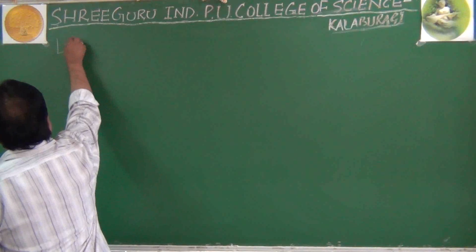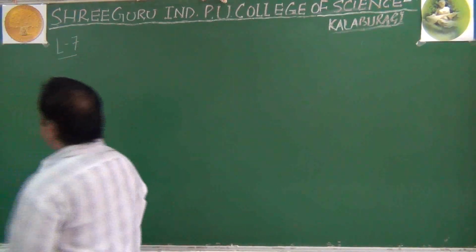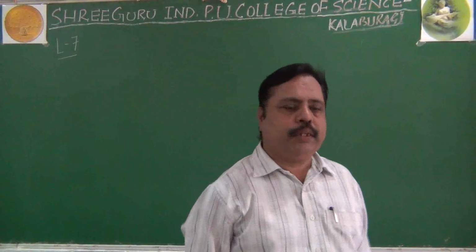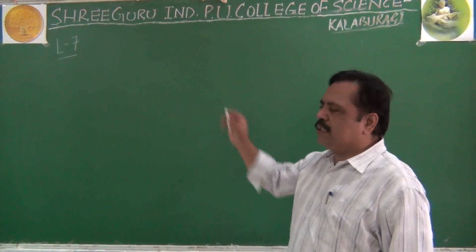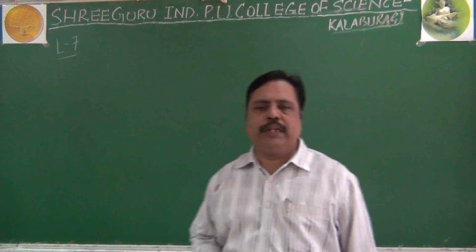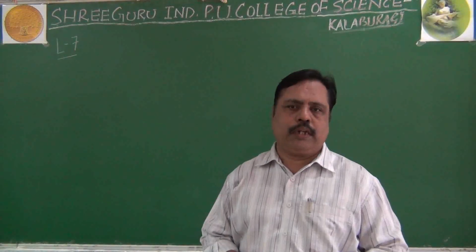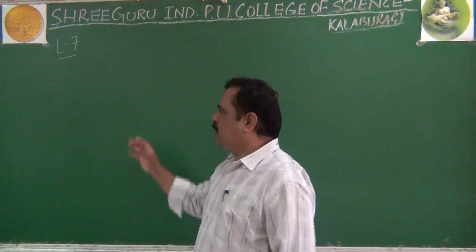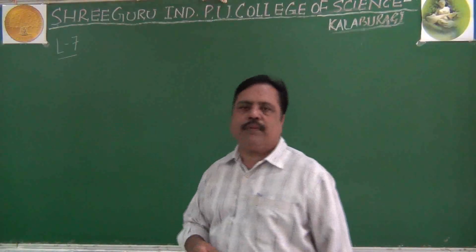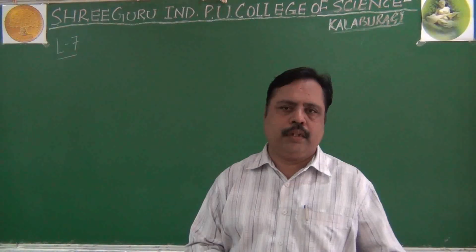Lecture number 7 in morphology of flowering plants. We have been seeing that flowering plants refers to angiosperms. These flowering plants have got different morphological features.